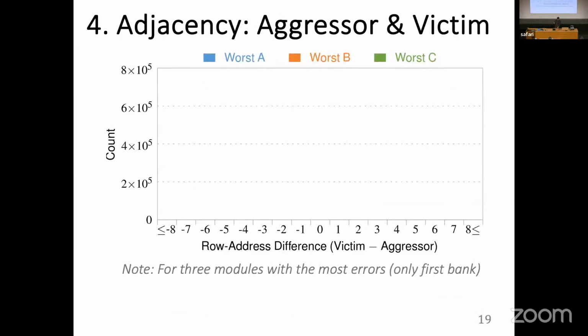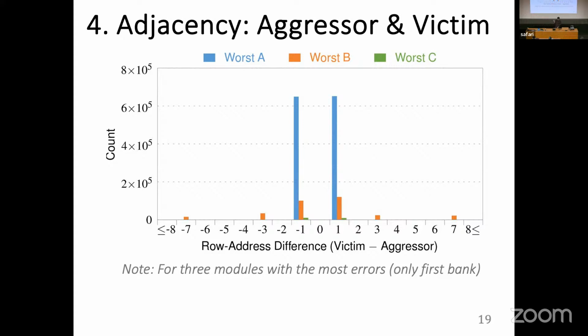And the next aspect we look at is the spatial relationship between the aggressor rows, which is the row that you keep accessing and hammering, versus the row that shows bitflips. So this is the original result from the paper.